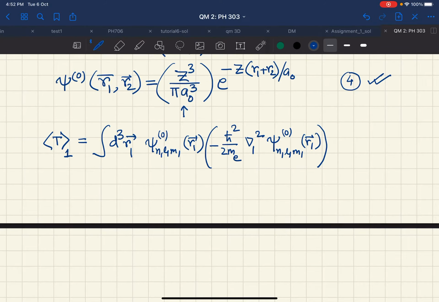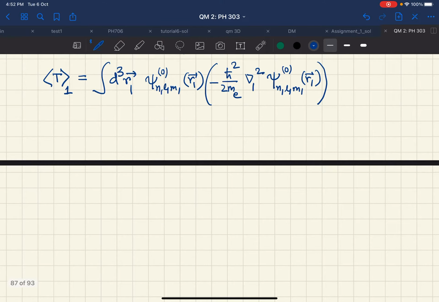So that is what we need to evaluate. Now of course at the moment let us stop and think a little bit. This is nothing but the volume measure in the spherical polar coordinate, and that is going to give us 4 pi r1 squared dr1, because explicitly there is no theta phi dependence in the rest of this integral.